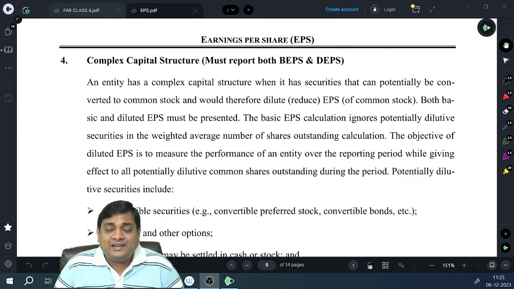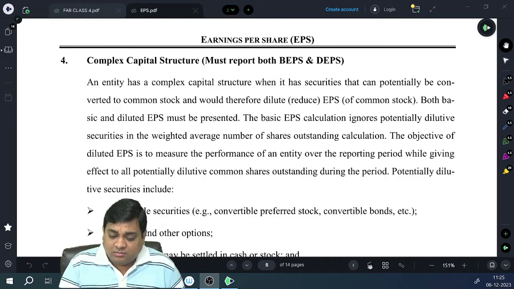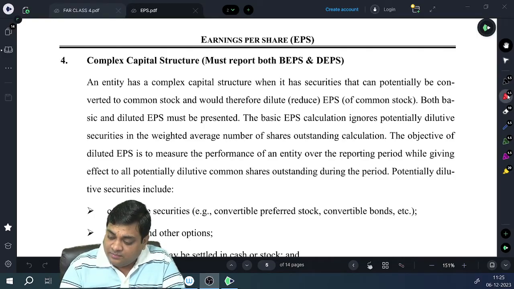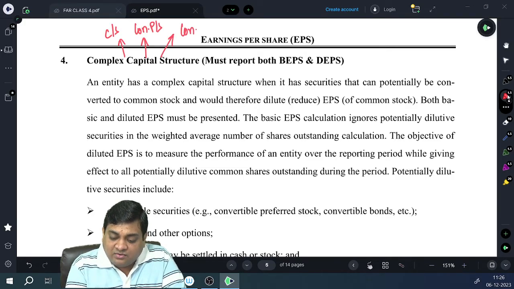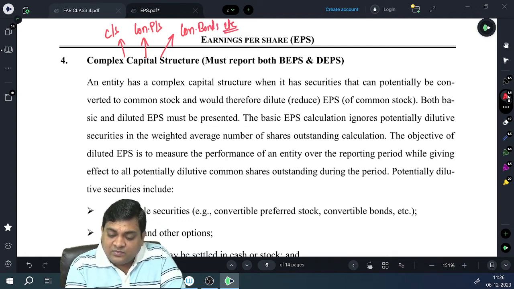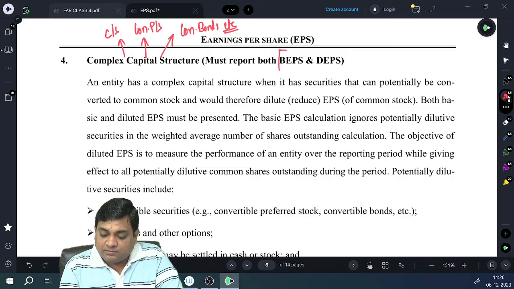So entities which have a complex capital structure, meaning they have common stock, convertible preferred stock, convertible bonds, etc., must report two earning per share figures.